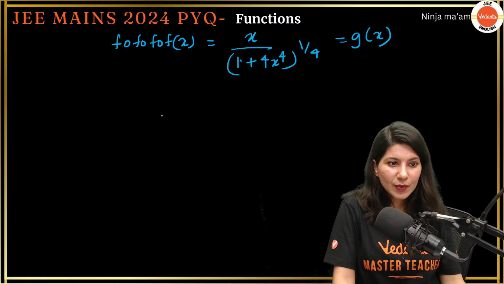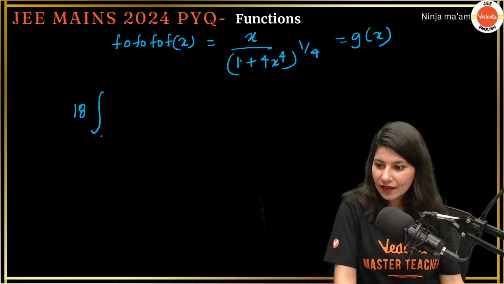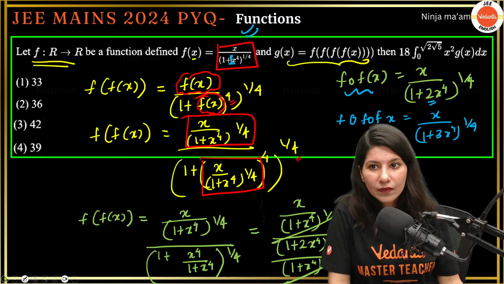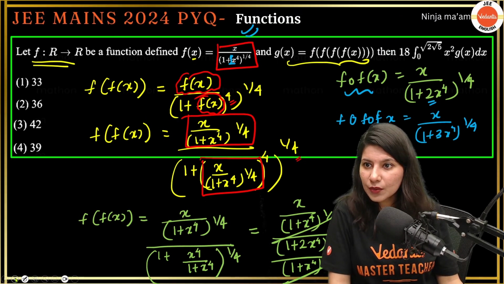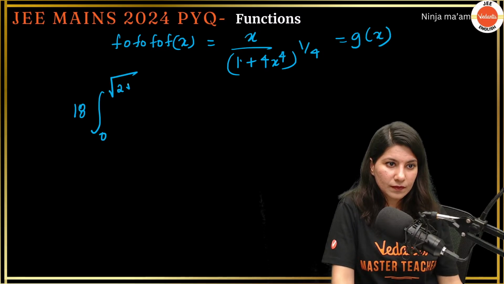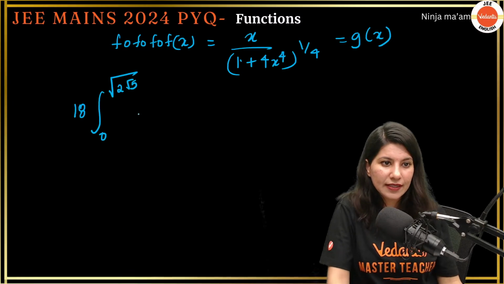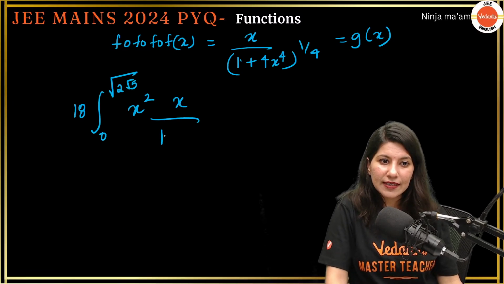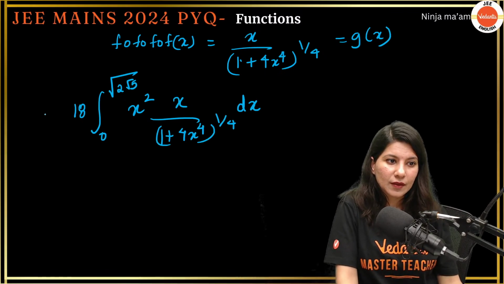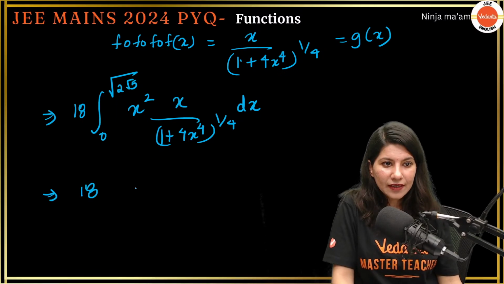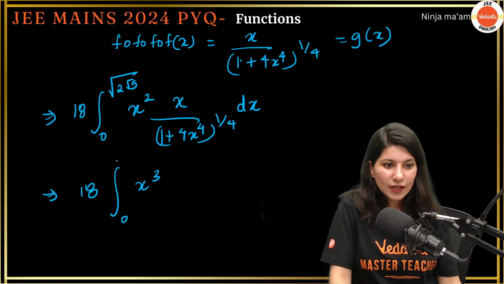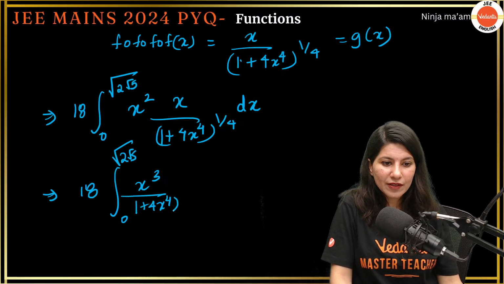Now as per the question, what you need to calculate is the integral from 0 to 2 root 5 of x square g of x, that is, x cube upon (1 plus 4x to the power 4) to the power 1 by 4 dx.